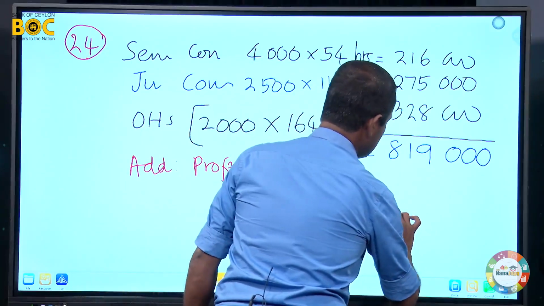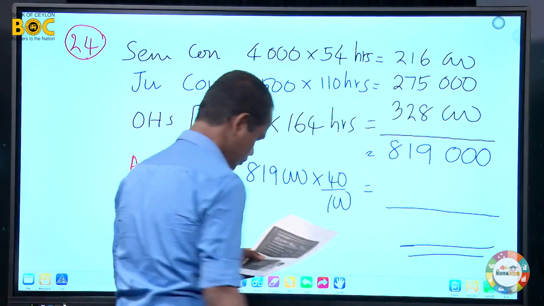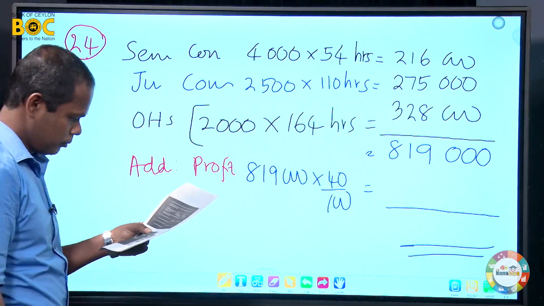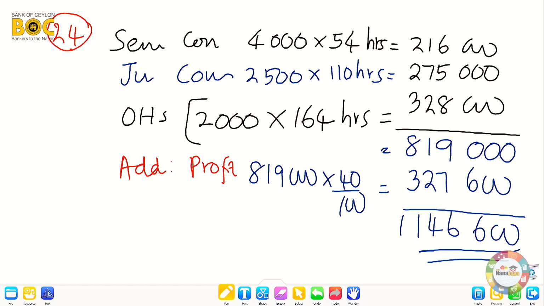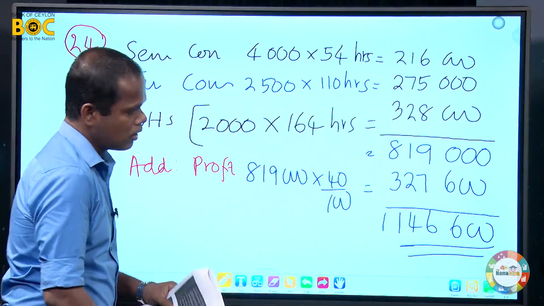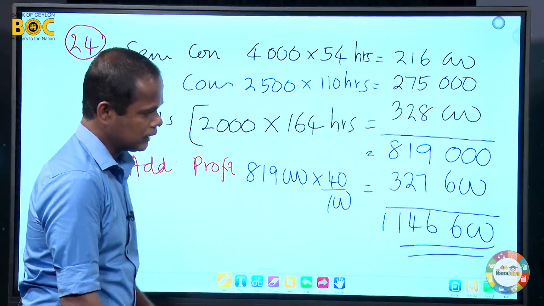Then you get the fee of the assignment. The 819,000 into 40% is 327,600, and you get the assignment fee. It comes to 1,146,600.